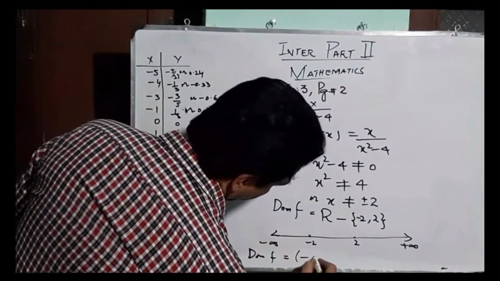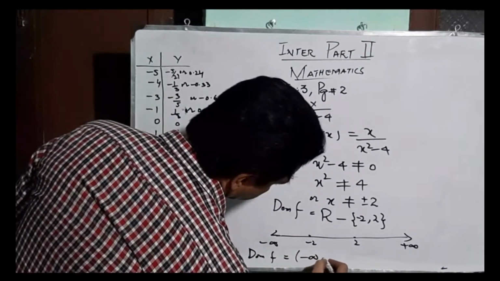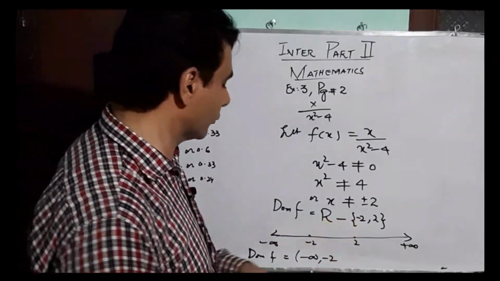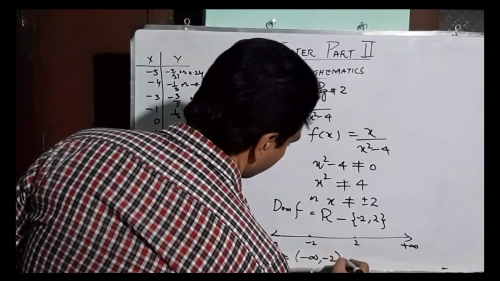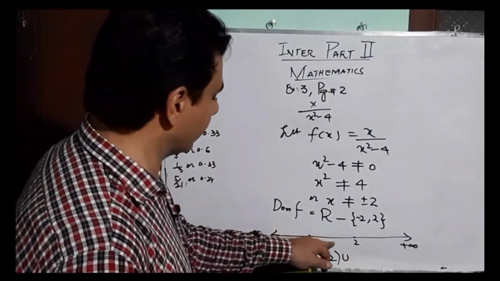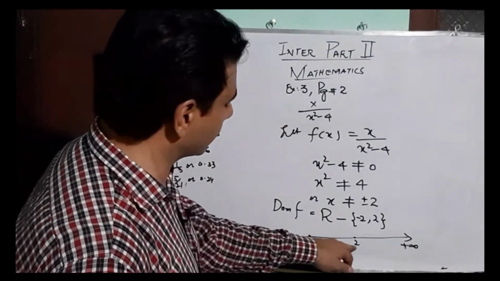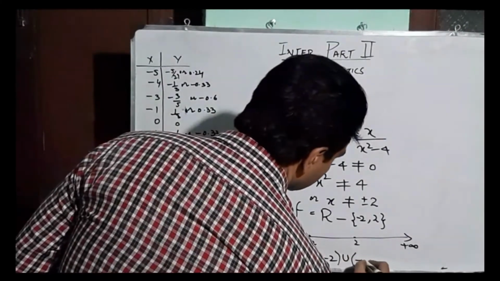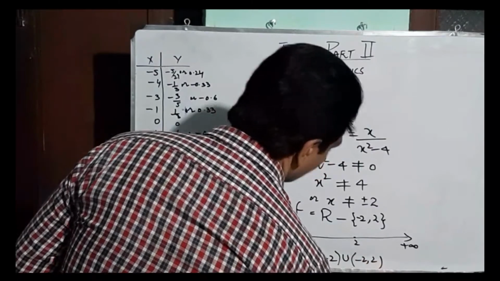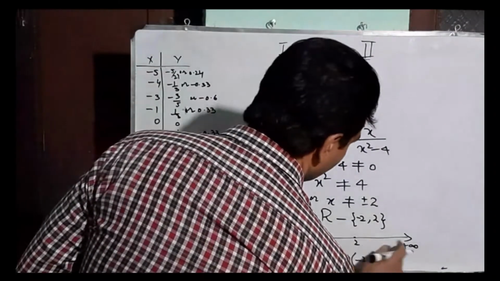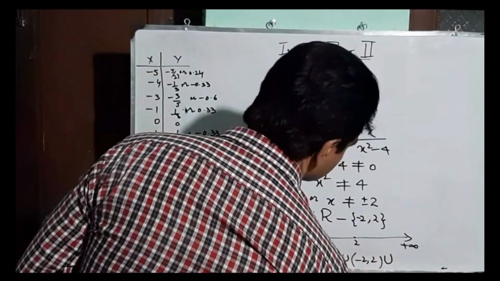Here minus infinity to minus 2. As minus 2 is not included, we will write the parenthesis. This is the first interval, and now minus 2 to 2. Here both are not included, and now the last interval, joining by union.